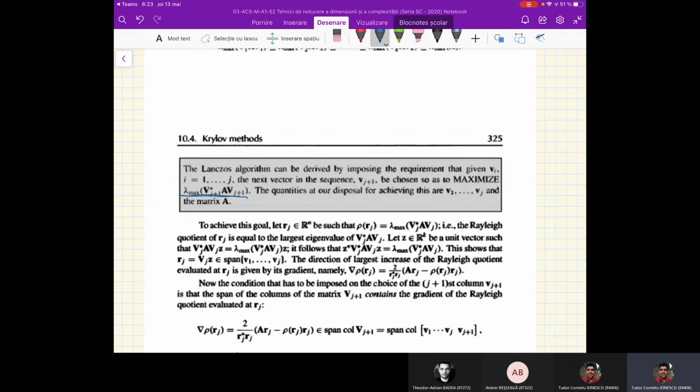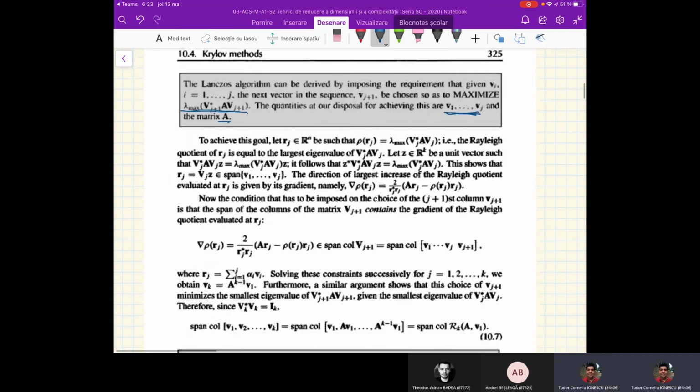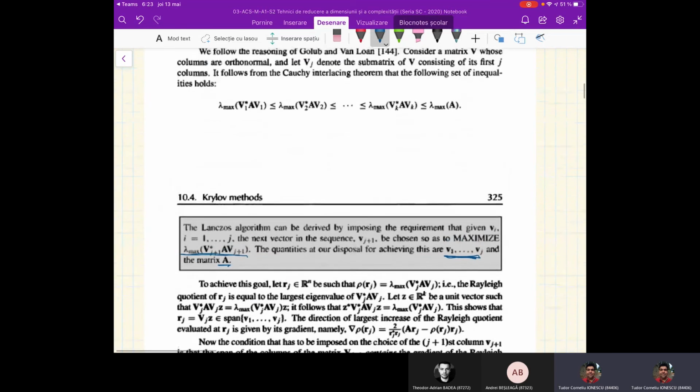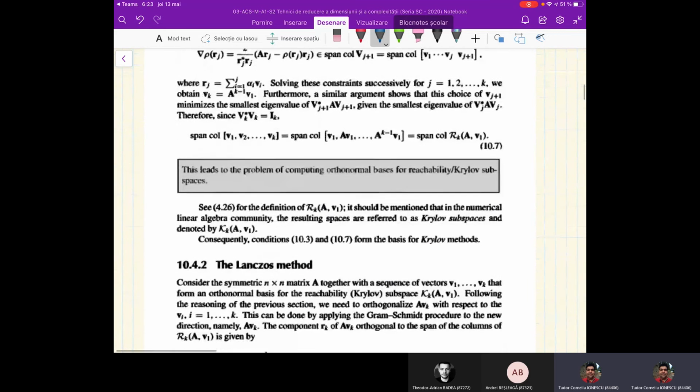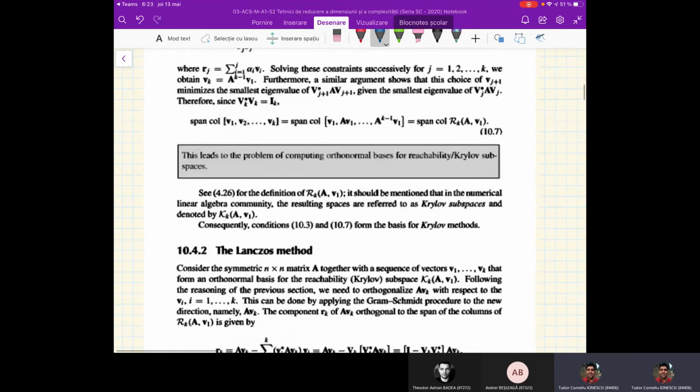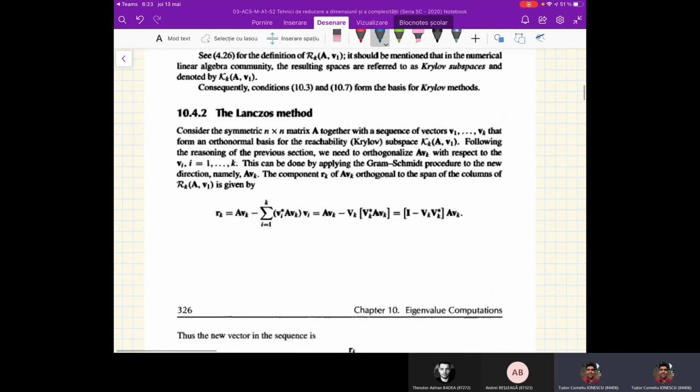And we only have these quantities and the matrix A. And here it shows you how to compute an orthonormal basis to be able to create these very good projections.